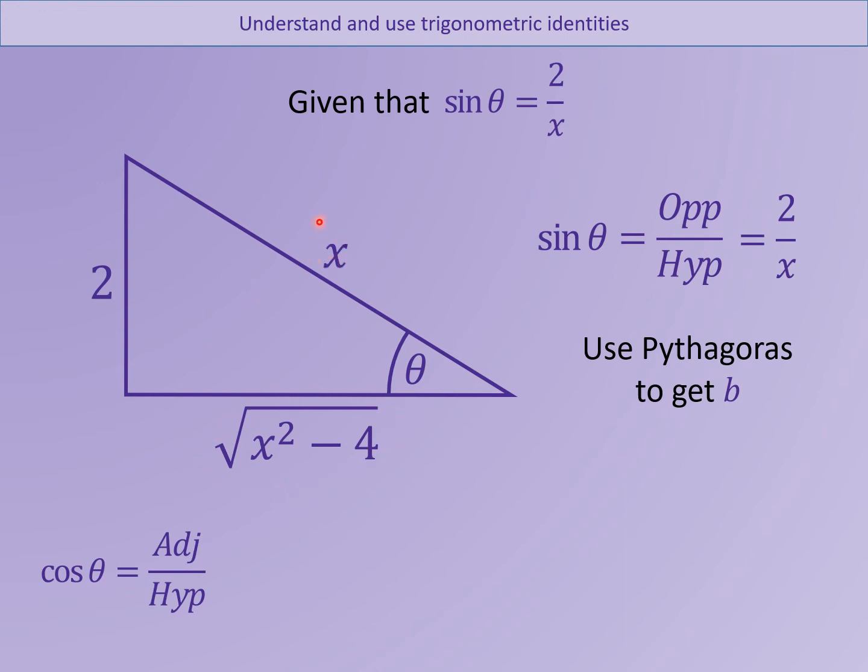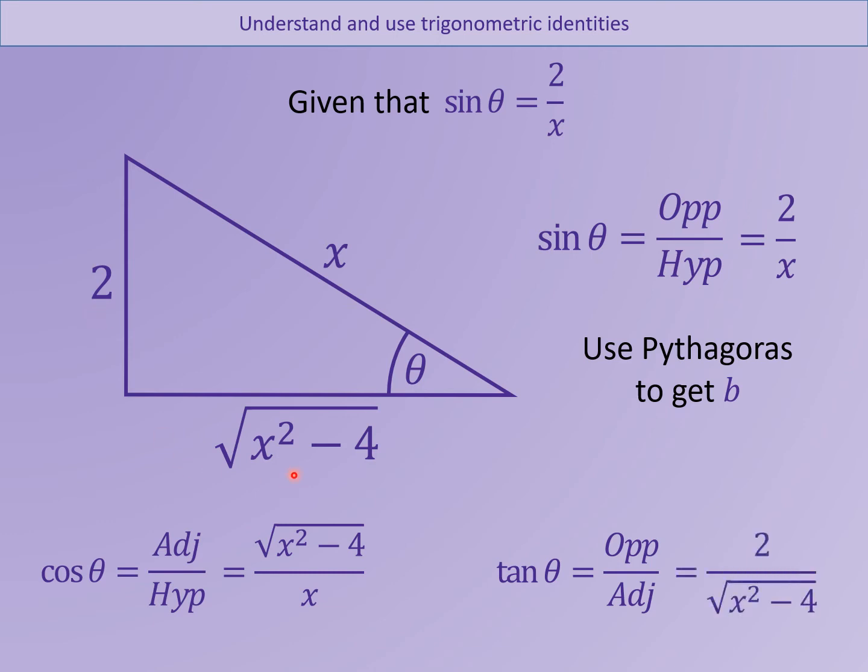This is the hypotenuse, and therefore cosine theta would end up looking like this, which we already know because we've derived it in the previous example. And tan theta would be opposite over adjacent, so the opposite side is 2. The adjacent side is the square root of x squared minus 4, and again that gives us the same answer as we had using the other method.